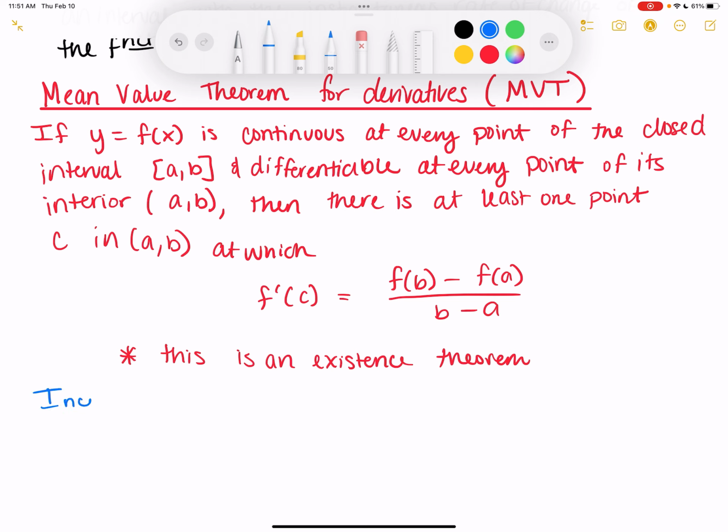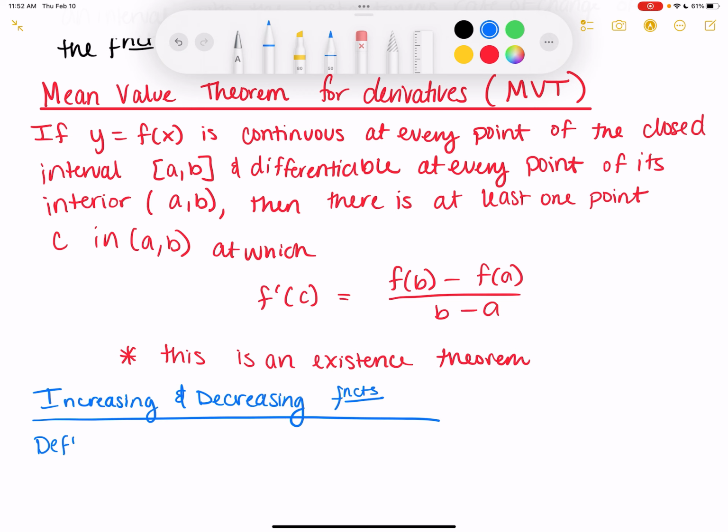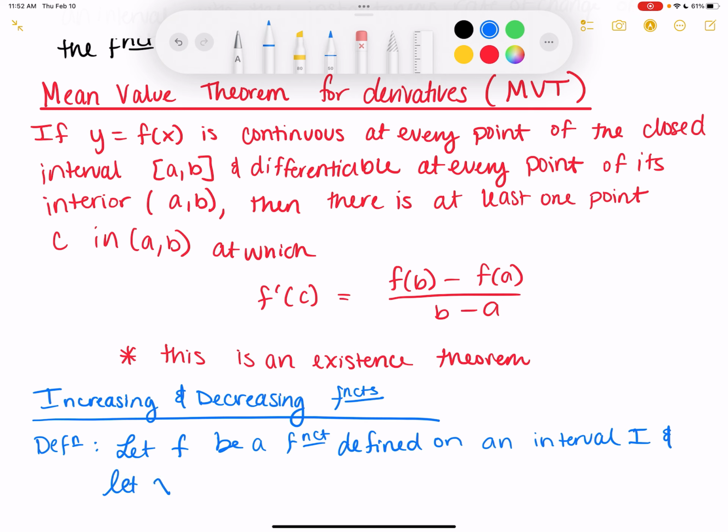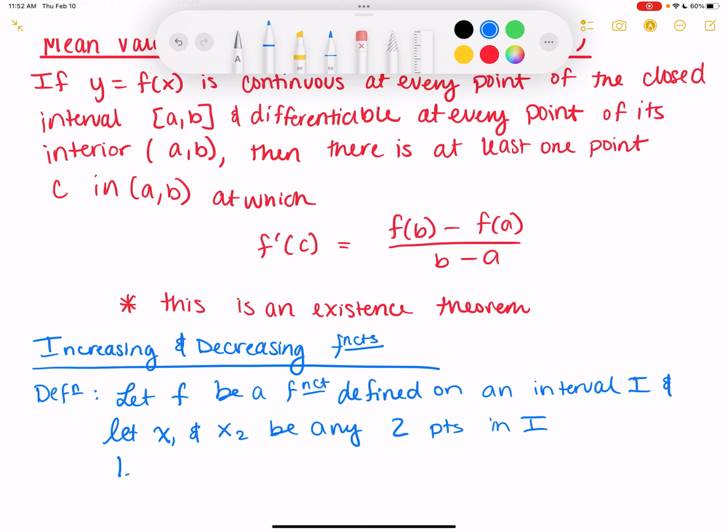So we can have increasing and decreasing functions. So definition, let f be a function defined on an interval I and let x sub 1 and x sub 2 be any 2 points in the interval I. And then we have two possible options.